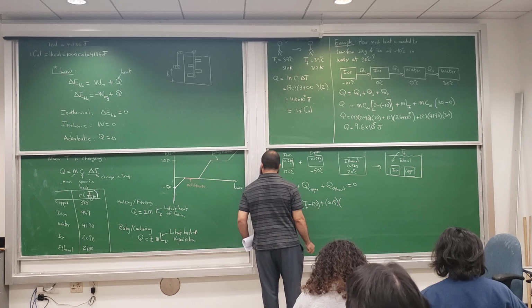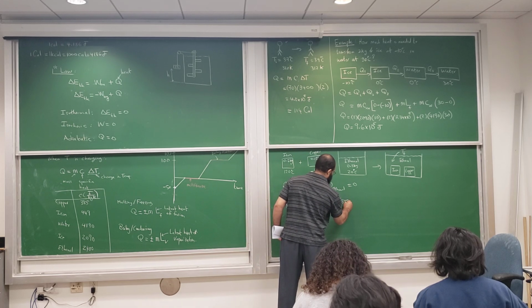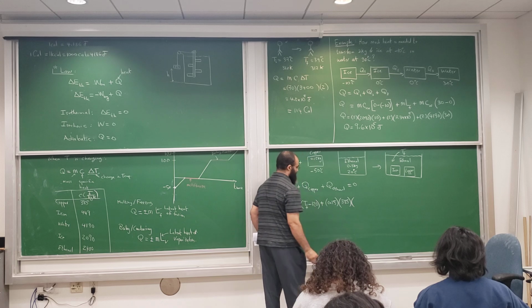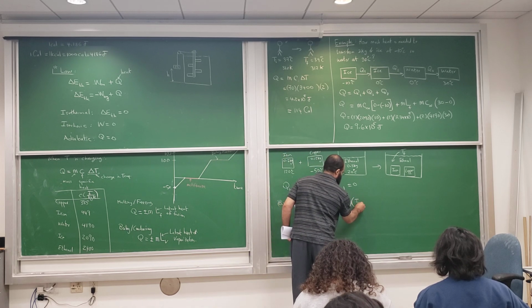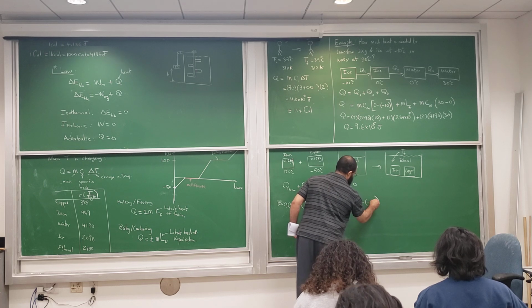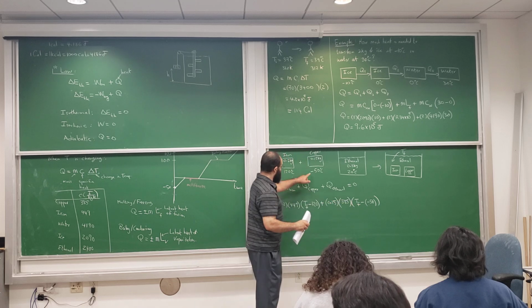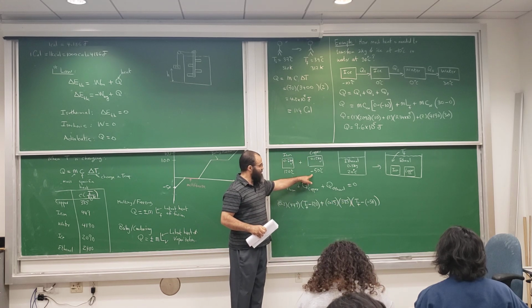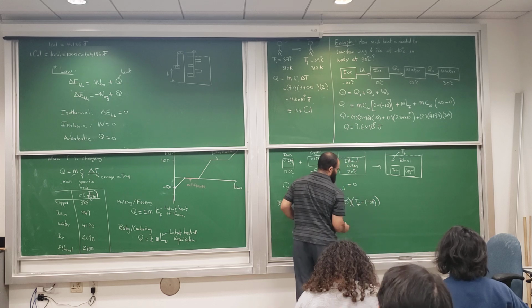Specific heat for copper is 385 times delta T. It's going to be T final minus what? Yeah, it's negative 50. Don't forget the minus, because it's going to be minus minus, it's going to be plus.